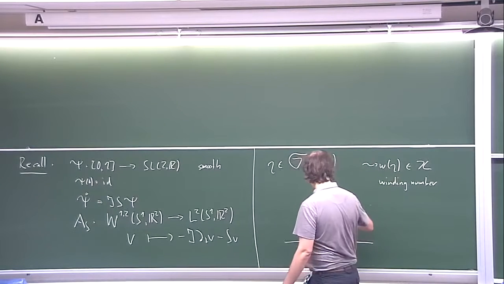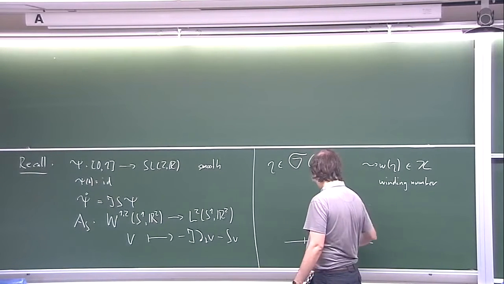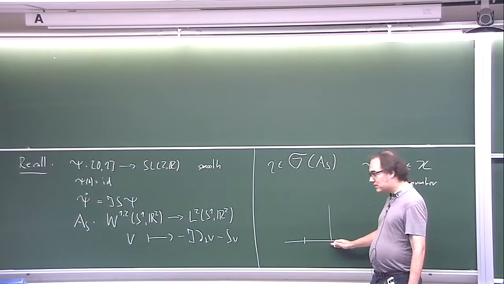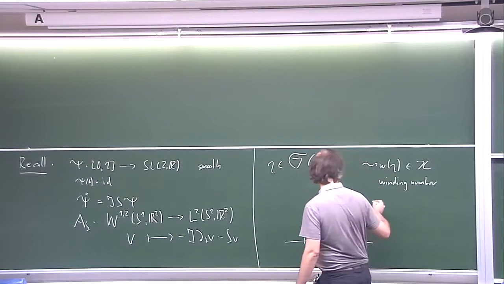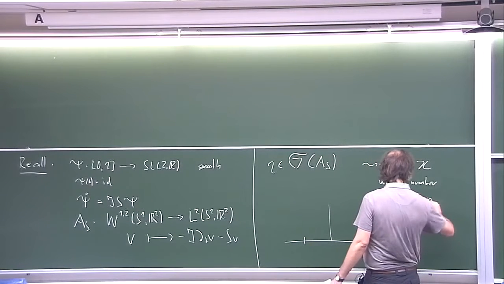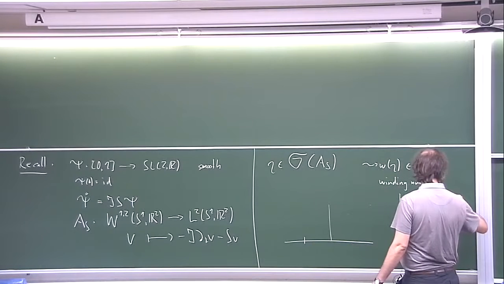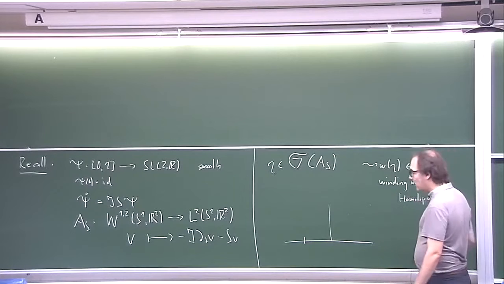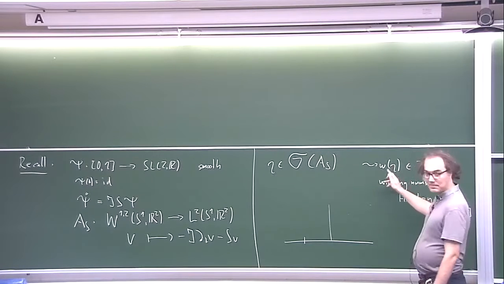So if we have S, we can look at the homotopy from S to 0. So we just look at the homotopy, r in [0,1], and then for r equals 0 we can compute explicitly.